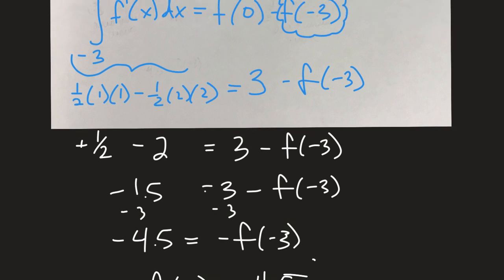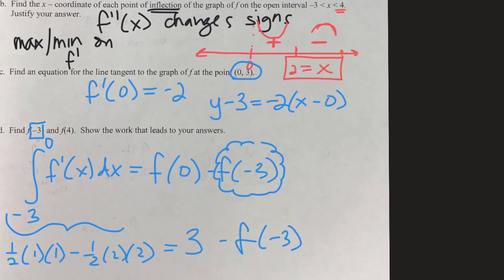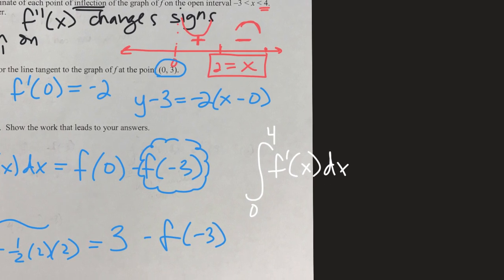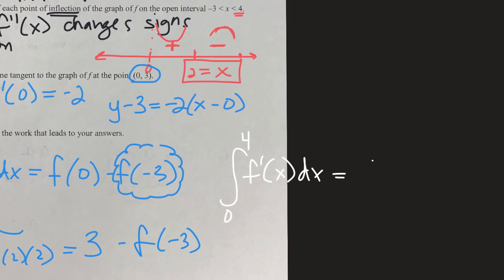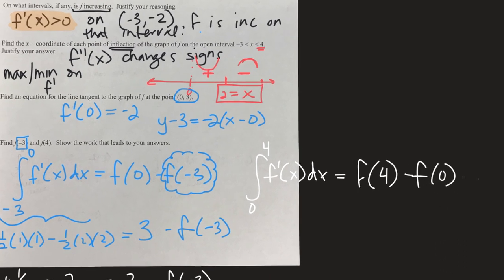We would do a very similar thing in order to figure out what the f of 4 is. We would pick an interval, probably from 0 to 4, of our f prime graph, and then the antiderivative of f prime is, of course, f minus f of 0, and this would allow us to figure out what your f of 4 is.